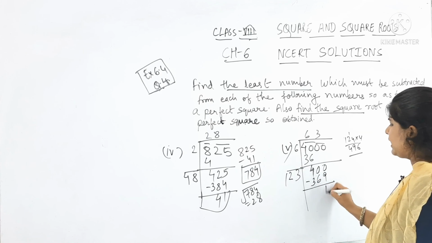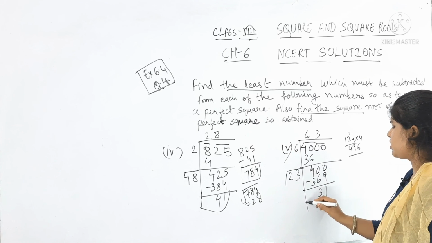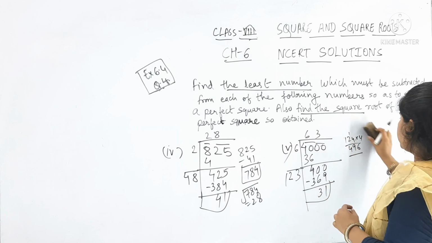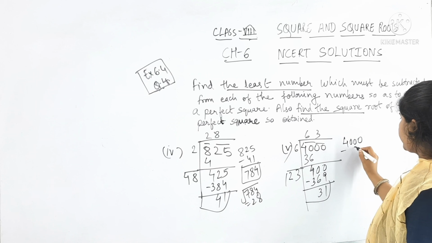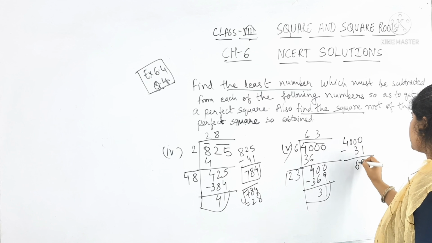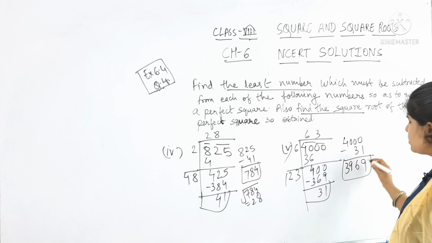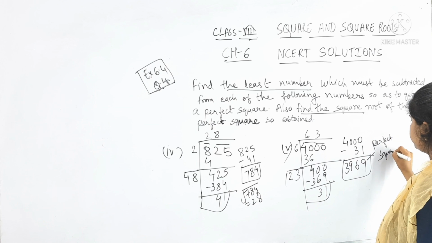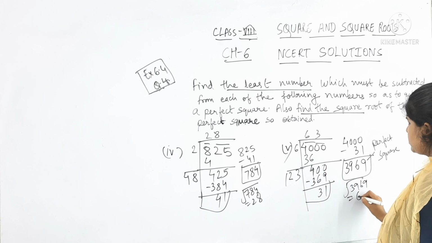Okay. So here what is the remainder? 31. So we will subtract 4000 minus 31. So 10 minus 1 is 9. 9 minus 3 is 6. Then 9. Then 3. So 3969 is the perfect square. Under root of 3969 is equal to 63.